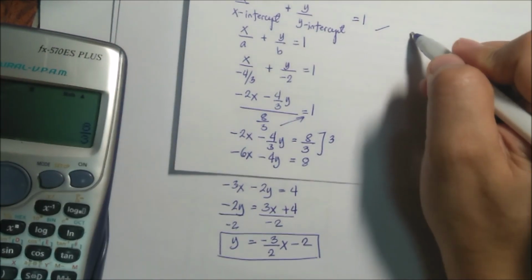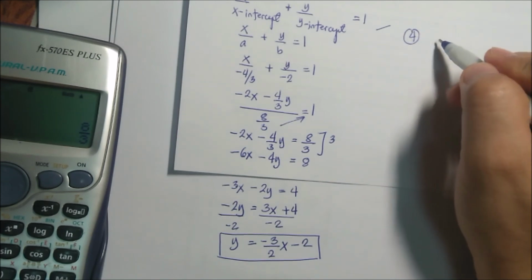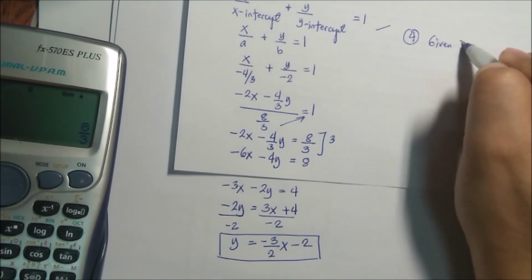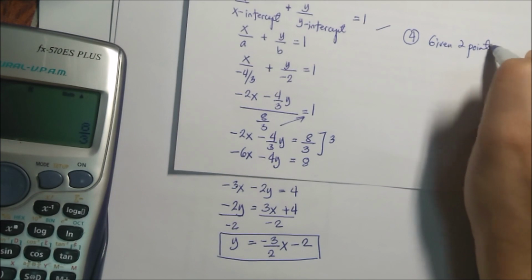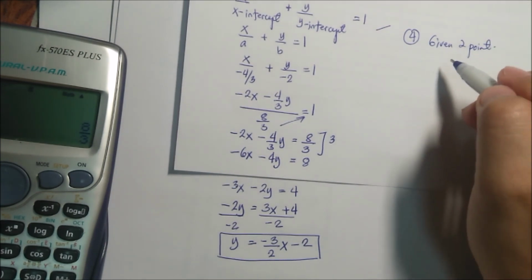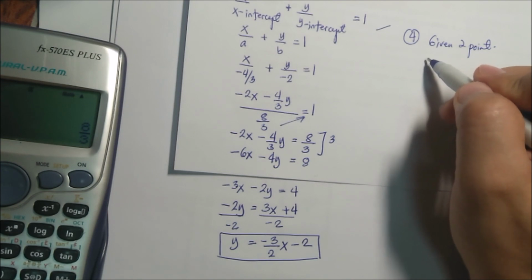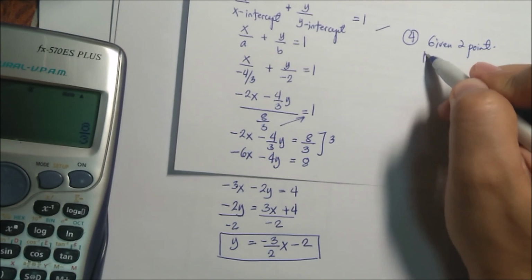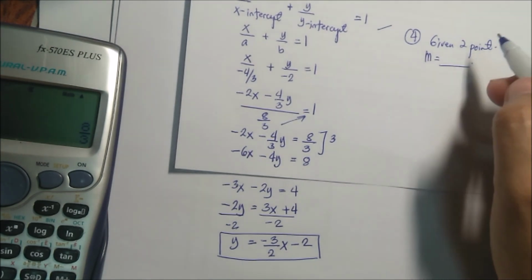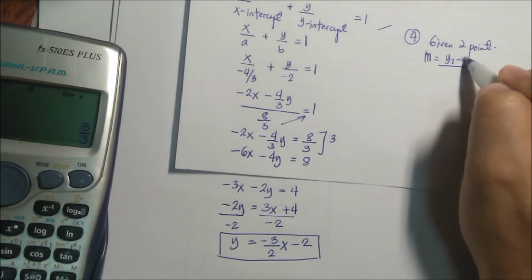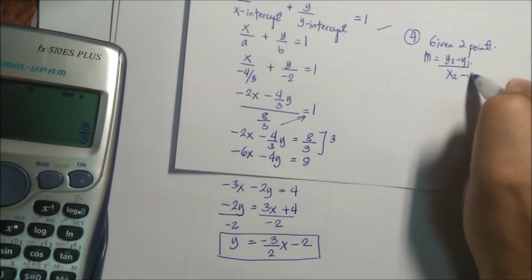The fourth one is given 2 points. Given 2 points of the line, you must first calculate the slope of the line: y2 minus y1 over x2 minus x1.